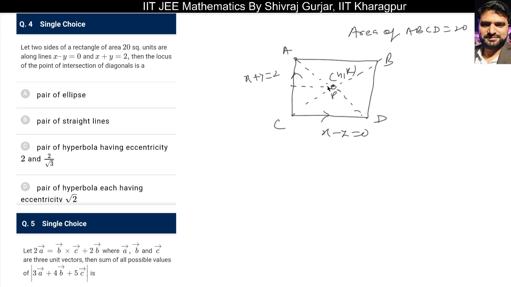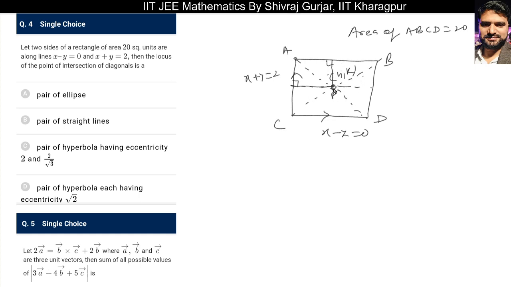Okay, if we draw a perpendicular from here and a perpendicular from here, this will again be a rectangle. And what will its area be? If we draw these lines again, there will be these 4 rectangles of equal areas.